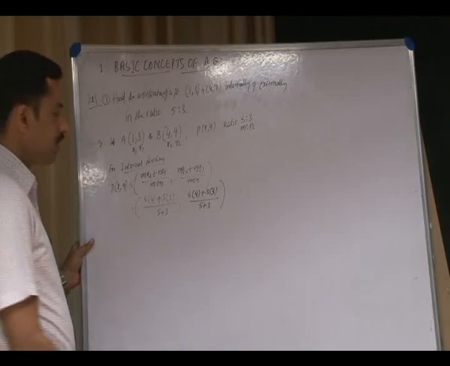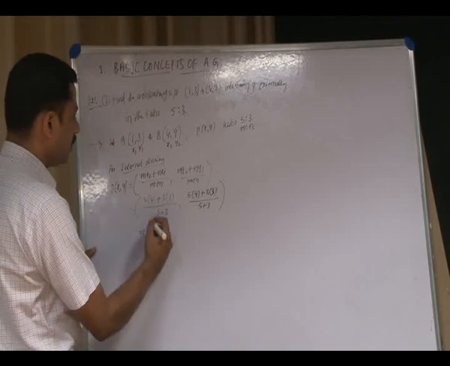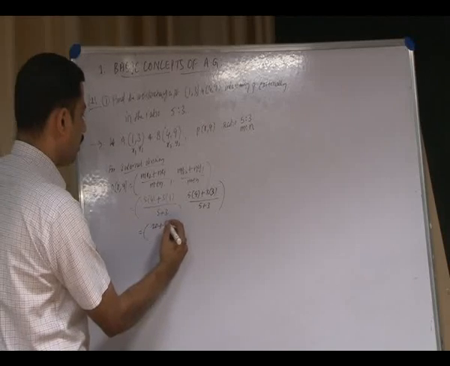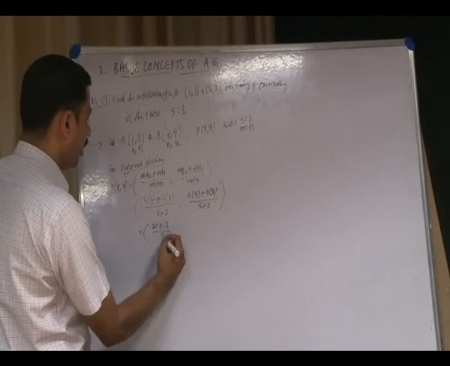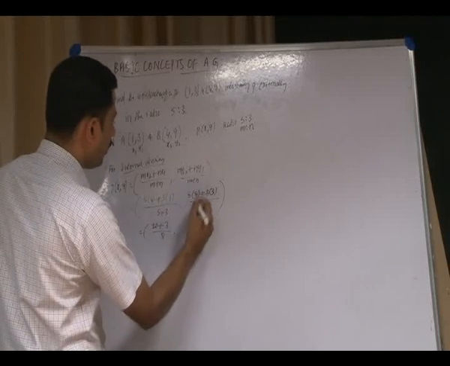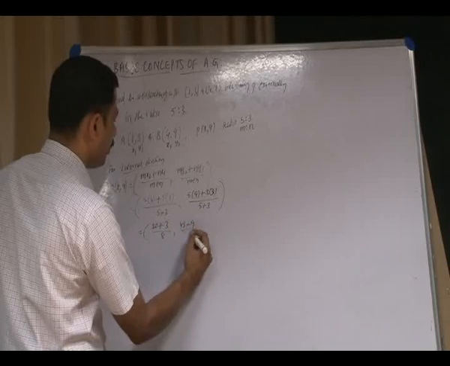By solving this we get the coordinates of point P: 5 into 4 is 20 plus 3, divided by 8, and for the y coordinate 5 into 9 is 45 plus 3 into 3 is 9, divided by 8.